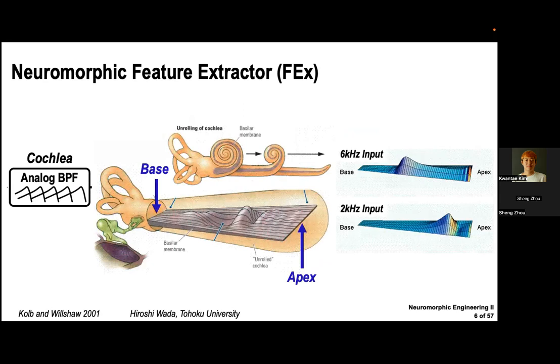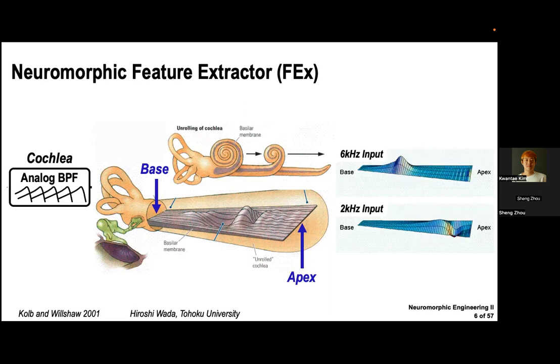So here is one example of a neuromorphic feature extractor that is mimicking the biological cochlea. The cochlea is located in our ear, and it is a kind of snail shape. And if we unroll this cochlea, then we can find a planar shape, and that is called the basilar membrane. And this basilar membrane has a base point and an apex point.